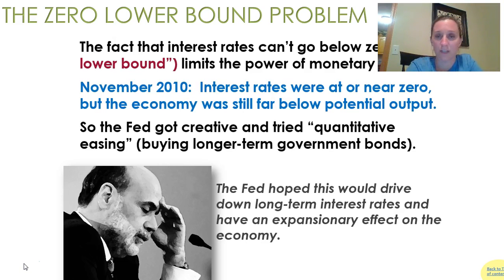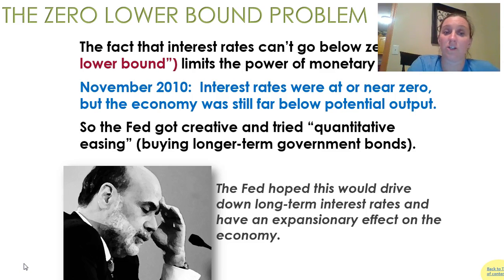So let's talk about 2008 and our zero-bound problem. Interest rates, in a way, can't go below zero. That limits our power with respect to monetary policy. As we've talked about, monetary policy tends to work with short-term, 3 to 6 month treasury bills.